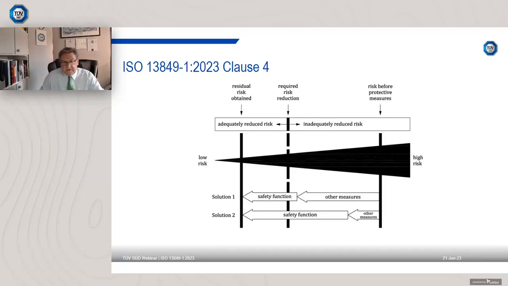So this type of figure appears in lots of other publications, other standards, of course, in some form or another, but we have a threshold and an absolute minimum amount of risk reduction that must be achieved, and we would drive risk reduction into the broadly acceptable level based on principles of ALARP, as low as reasonably practicable and so on, but acknowledging that there will be some residual risk. So that's part of the enhanced clause 4.